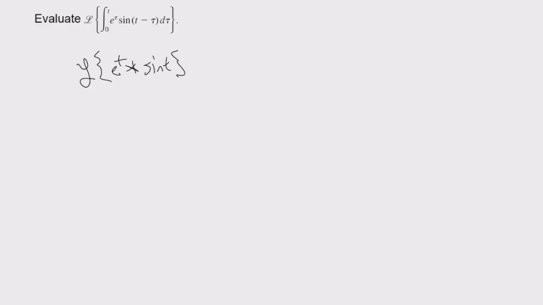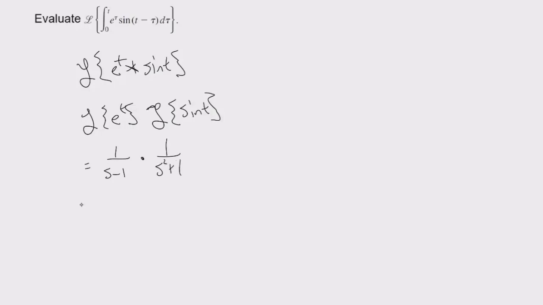So using our new little convolution rule with Laplace transforms, that means I can find the Laplace transform of e of t and multiply it by the Laplace transform of sine of t, which is just 1 over s minus 1 times 1 over s squared plus 1, which gives us 1 over s minus 1 times s squared plus 1. A little bit easier than what we did before, right?